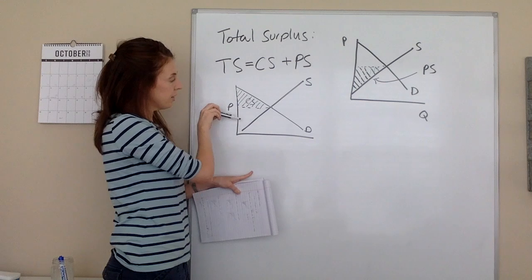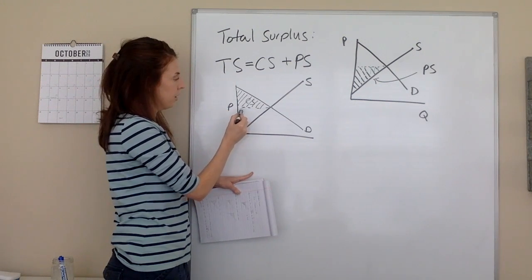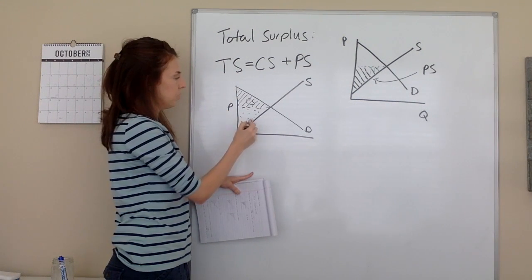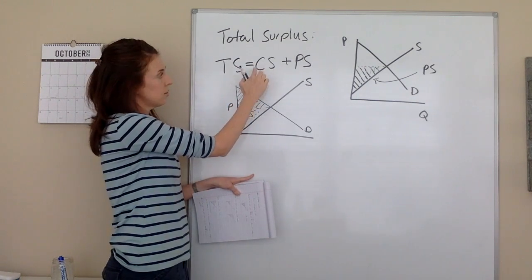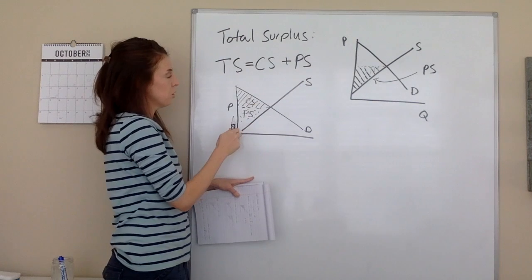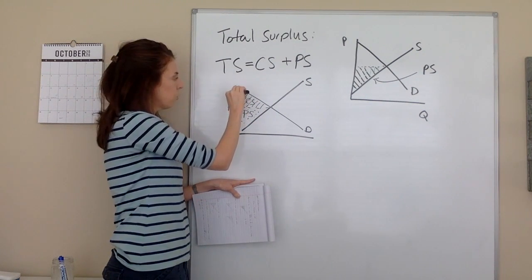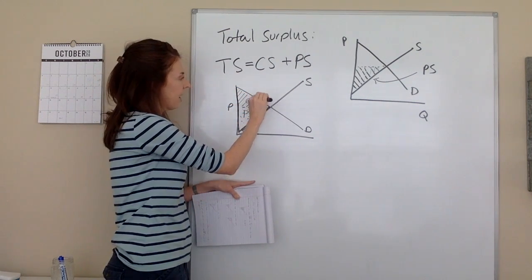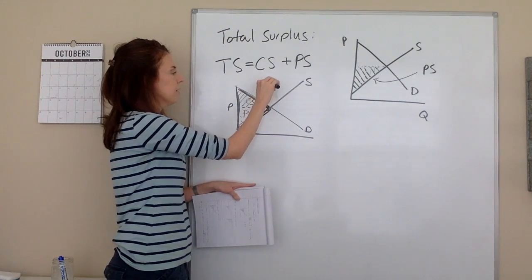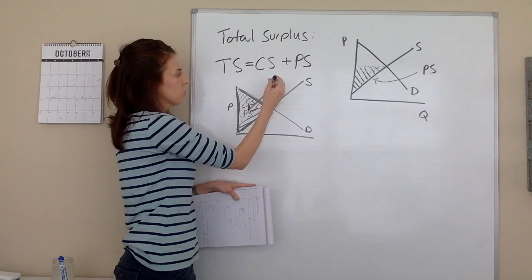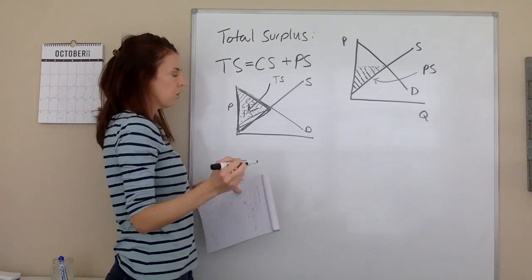We know everything that's below the price and above the supply curve is producer surplus. And now we know that the total surplus is just the summation of consumer surplus plus producer surplus. So if we take the area of this entire triangle, that entire triangle is going to have an area that's equal to the total surplus.